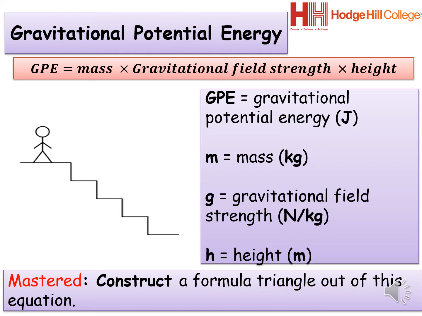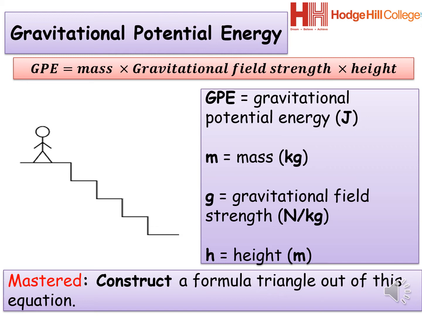Now, when I tell you to, I would like you to pause the video and to draw a triangle and to put that equation into the triangle. Now, we've done this before. However, you'll notice here what we have is GPE equals something times something times something, whereas normally we just have something equals something times something.